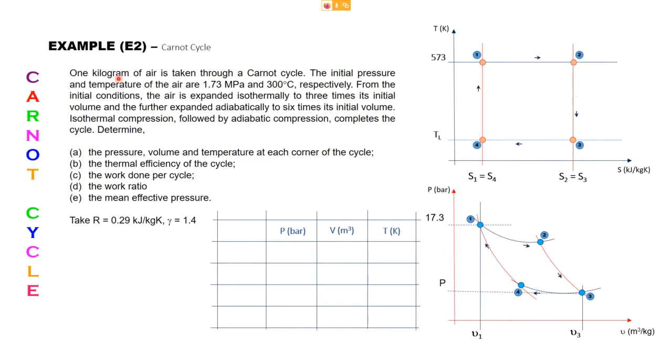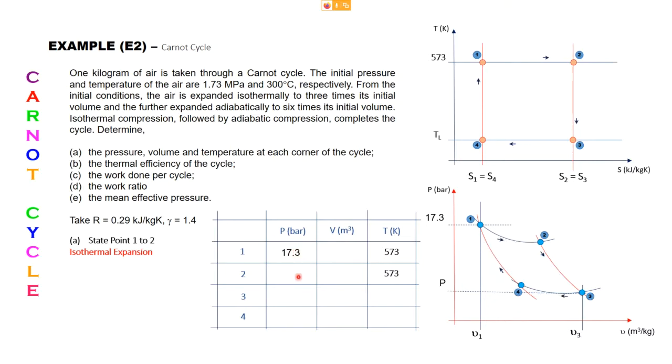So for your points 1, 2, 3, 4, you know the temperature here, that is your T1 and T2. Both temperatures are 573. The pressure here we know is 17.3.